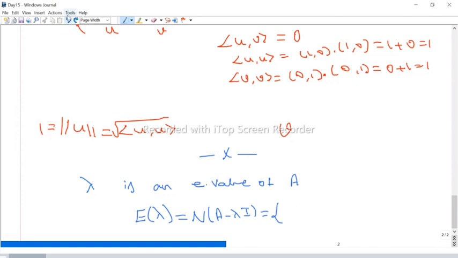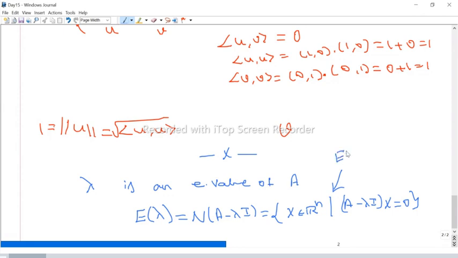We are collecting the solutions of the equation A minus lambda I times x equal to 0. So this is nothing but the collection of all x in R^n such that A minus lambda I times x equals 0. Sometimes we call it the null space, sometimes the eigenspace.